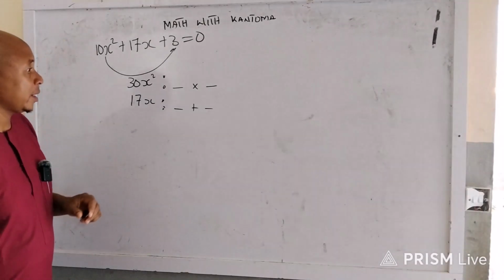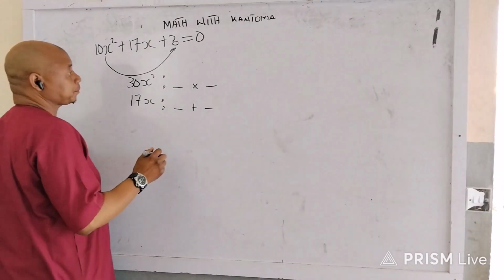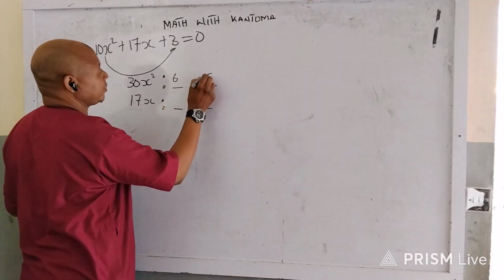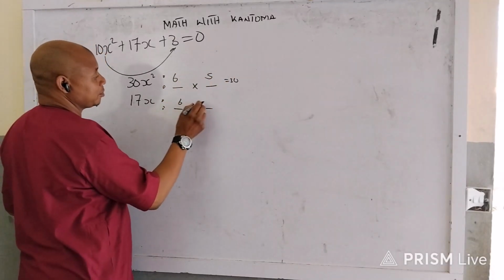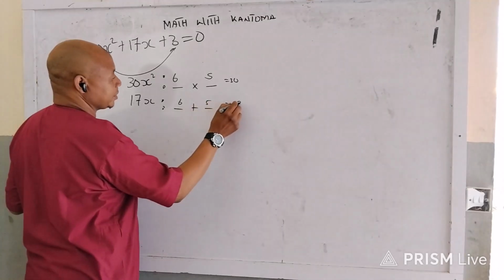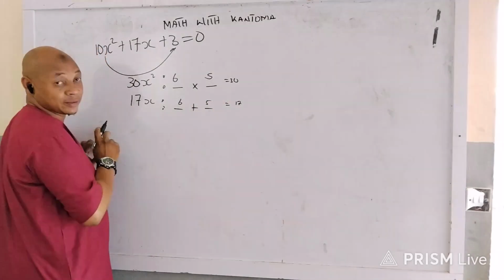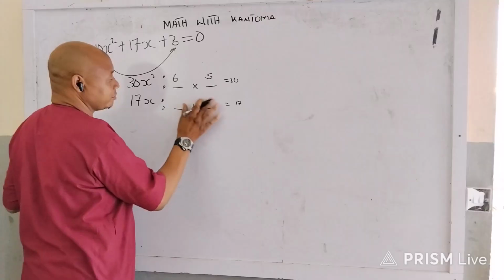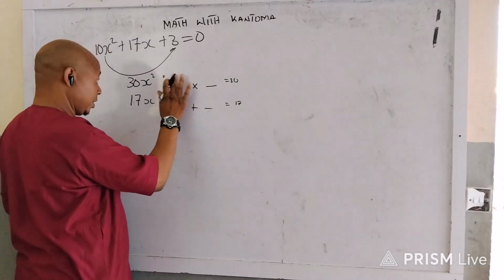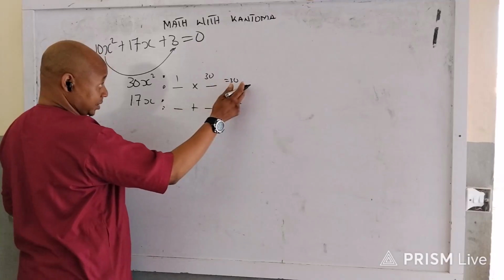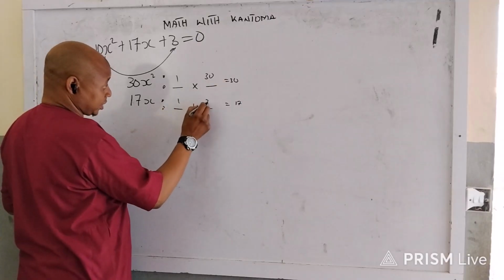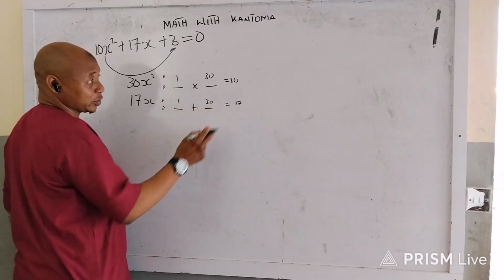So now, if I say 6 times 5 is 30, right? But 6 plus 5 is not equal to 17. So 6 and 5 are not the coefficients we want. Of course, 1 times 30 is 30, but 1 plus 30 is 31, so it's not equal to 17.